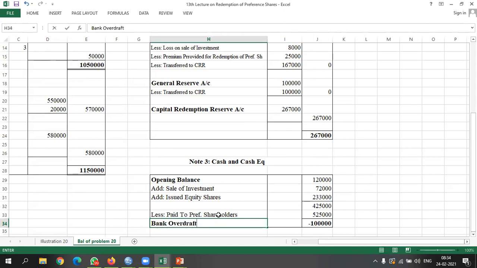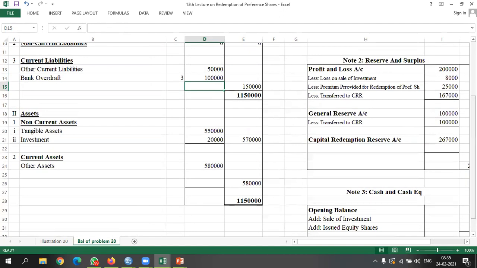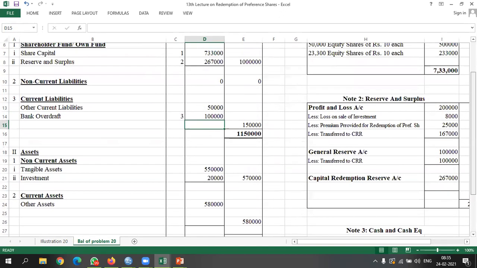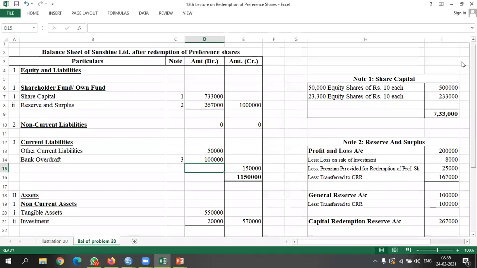So bank overdraft will go to liability side. So as per note number 3, we got 1 lakh rupees. So here our balance sheet got tally. Both the sides we got 11,50,000. I hope all of you have understood.